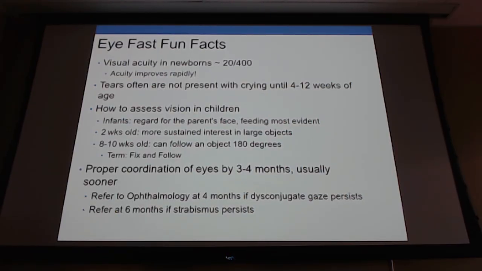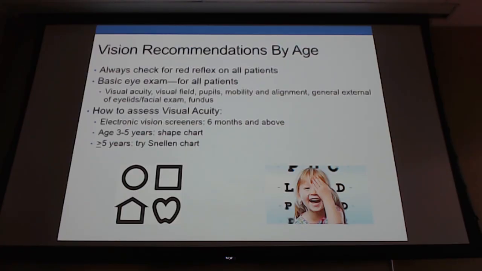If you have an object, are they able to follow it all the way around in 180 with both eyes? So not one going over here and one going over there. Remember that was disconjugate gaze, and you needed to refer them by the time they were 6 months. Googly eyes up until about 4 months, still normal, still there at 6. I send them on their way to ophthalmology, not optometry.